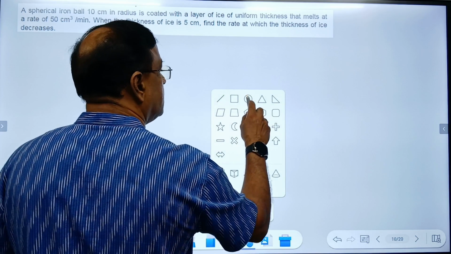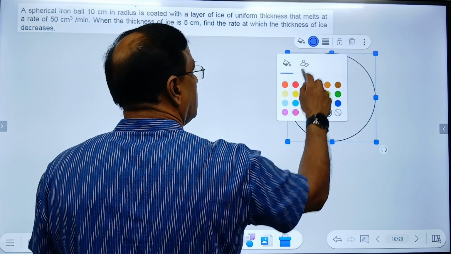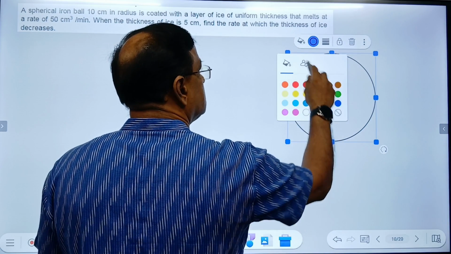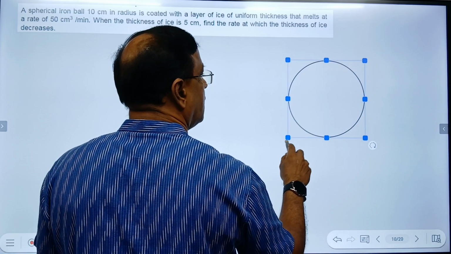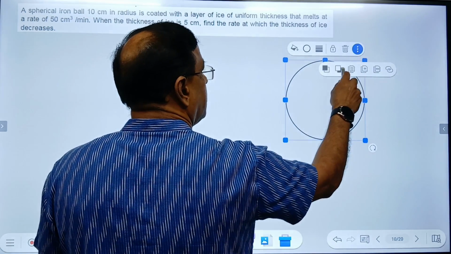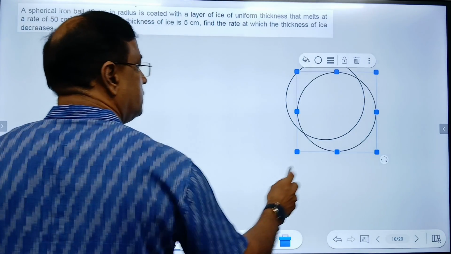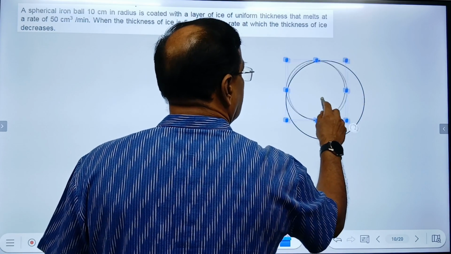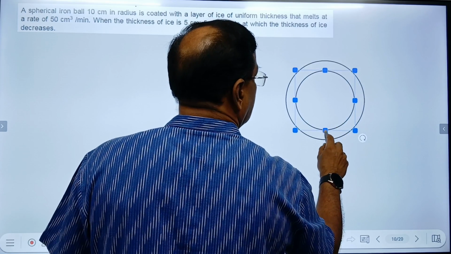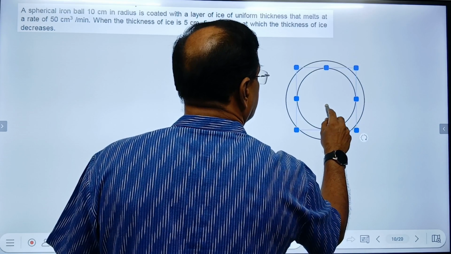So let me take a circle. Imagine this is a sphere. Now this is where the thickness is.